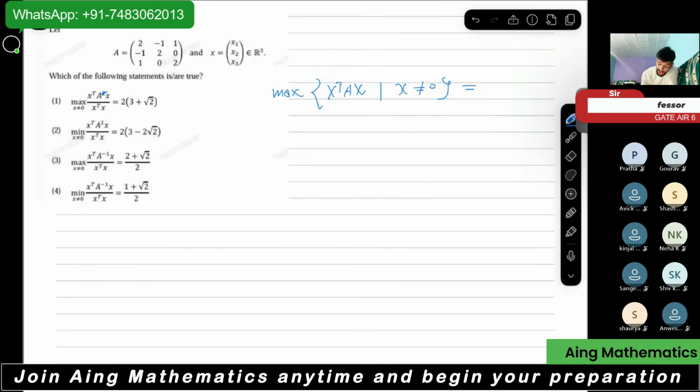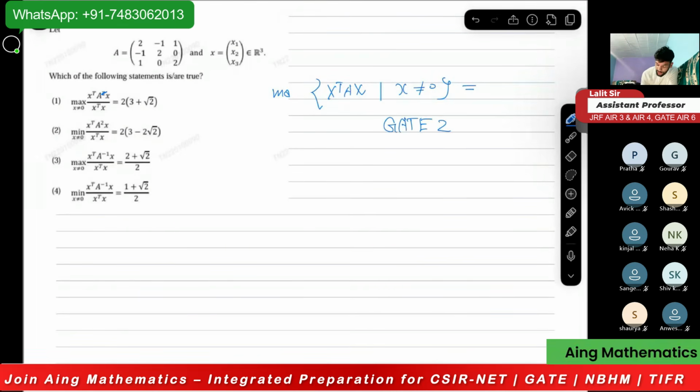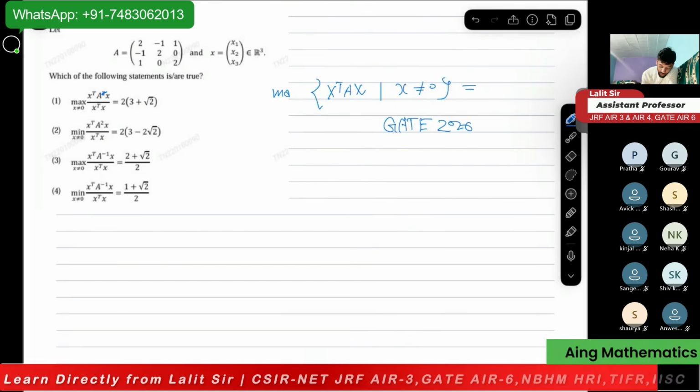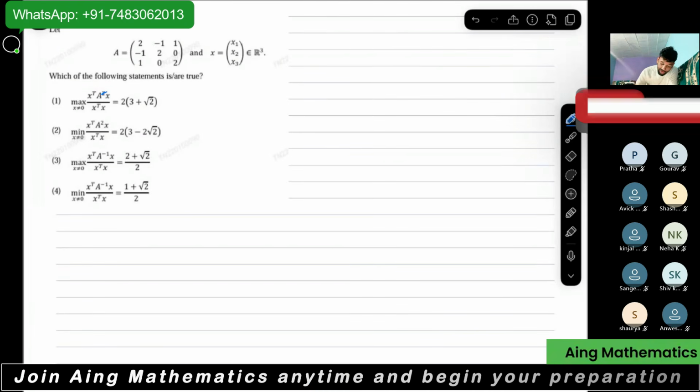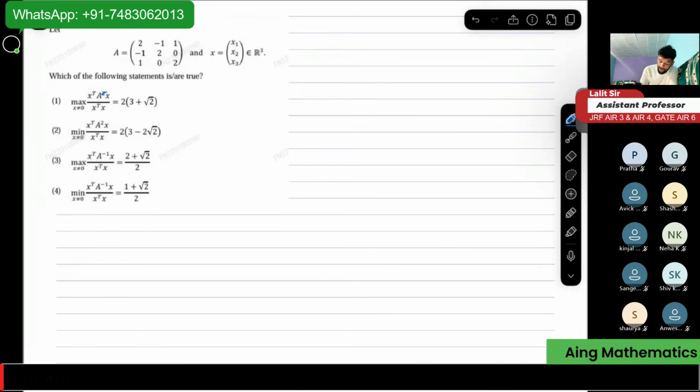And the same kind of question with this same concept has been asked in the GATE 2026 exam also. If you know this, then you could solve that question quickly in the exam, and also in the CSIR-NET. So it's very important to solve all the recent year exams. Of TIFR, GATE, CSIR-NET, you have to solve from everywhere.